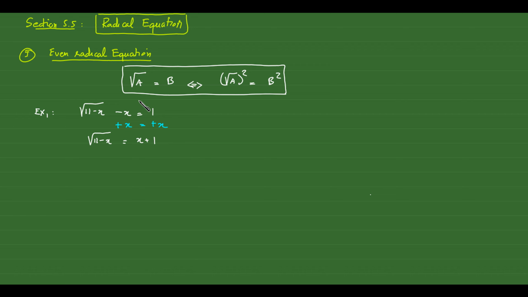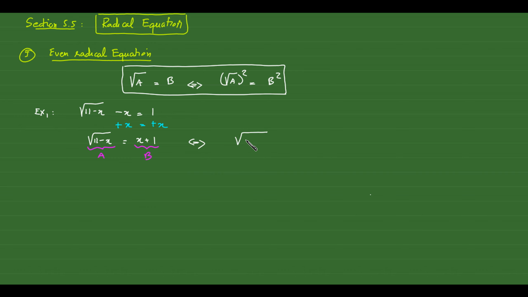Now, after I eradicate the negative x, you see that the equation I have here is in the form already. Right over here is a, and over here is b.